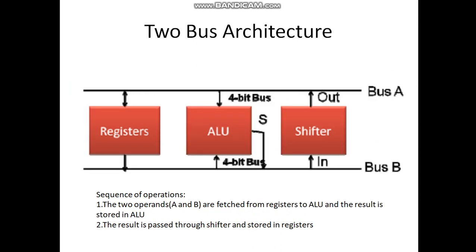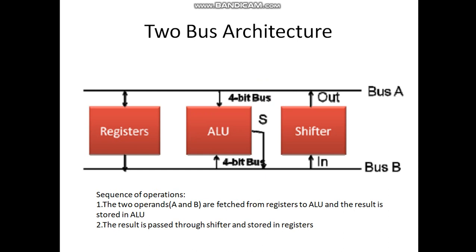This is another design, 2 bus architecture, where we find 2 buses, that is bus A and bus B. Let me consider the same example of fetching, adding and storing the result. As there are 2 buses connected to ALU, simultaneously data from A and data from B can be fetched and it can be added in a single clock pulse.